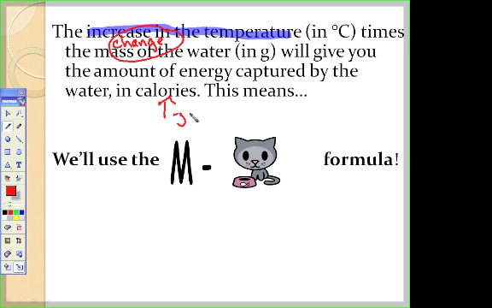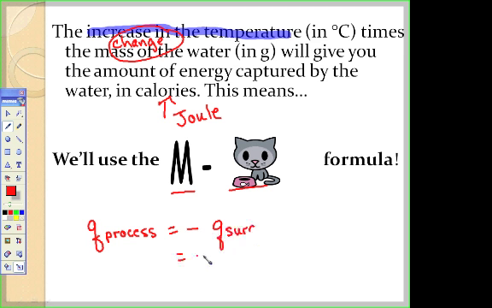All right, and this is going to give you the amount of energy in calories, or more likely joules. We want to relate this to the calorie, though, for you, just so you get some perspective of how it compares to food. So we're going to use our little MCAT formula. But at this point, we're going to use Q of our process, our reaction, or combustion, whatever it is going to be, equal and opposite signs to Q of our surroundings.